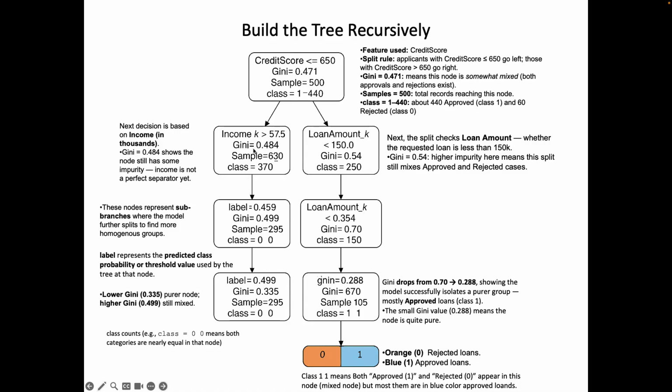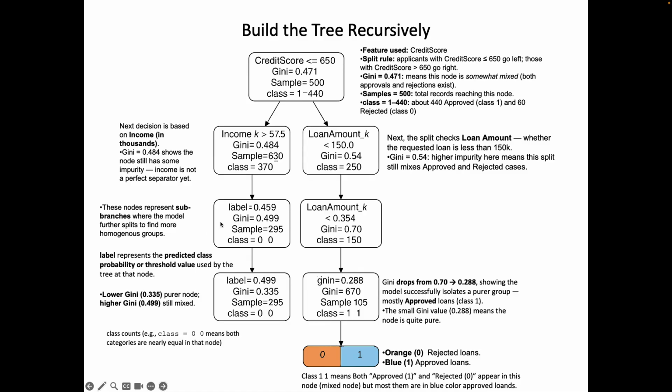And if we tune it onto income greater than 57K, our Gini is slightly higher than this one, the sample is 630 and the class is 370, which means 370 approved. The rest are rejected.